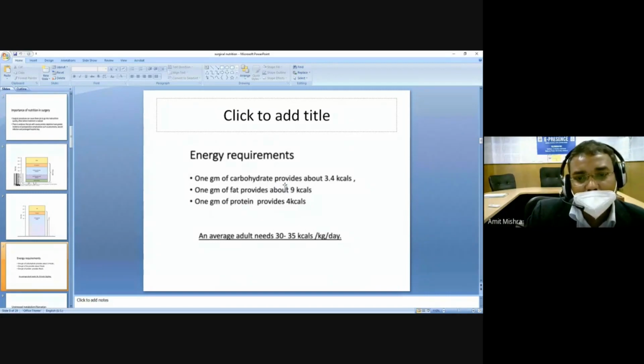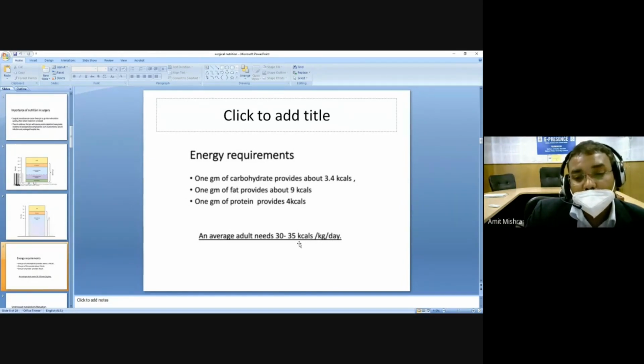We should adequately provide a source of carbohydrate, with each gram generating 3.4 kilocalories. Likewise, 1 gram of fat provides 9 kilocalories, and 1 gram of protein provides 4 kilocalories. An average adult usually requires 30 to 35 kilocalories per kg per day.